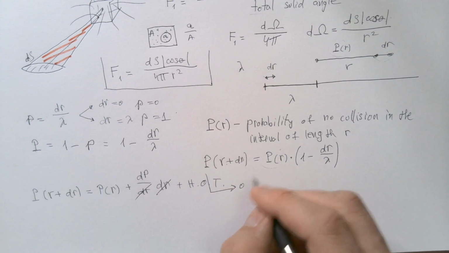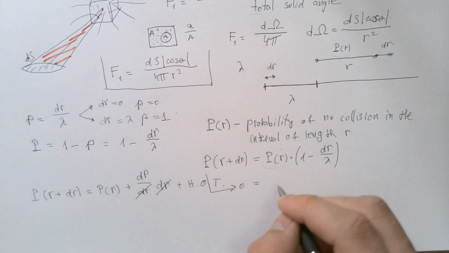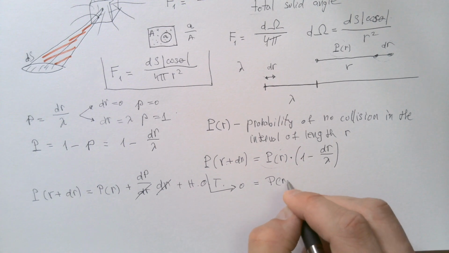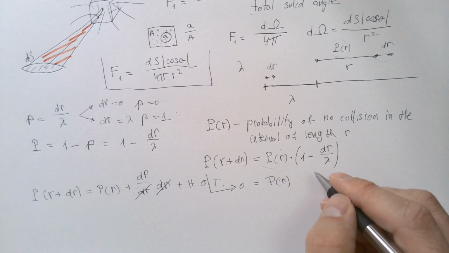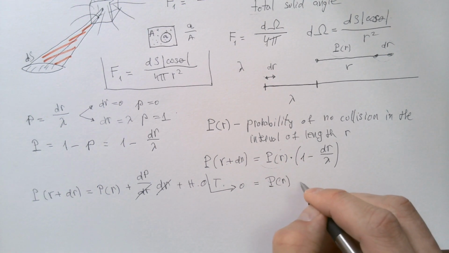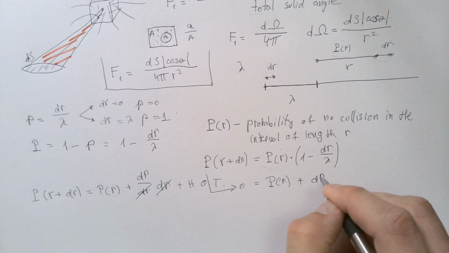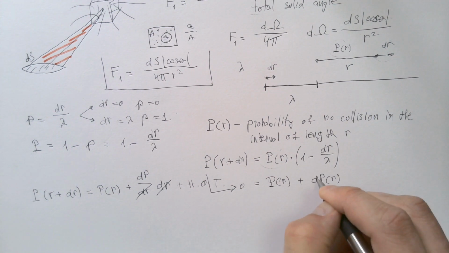These cancel, and I get that this probability can be written as the probability of no collision along r plus dP, which is also a function of r.